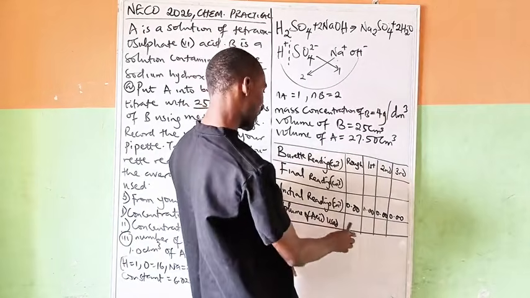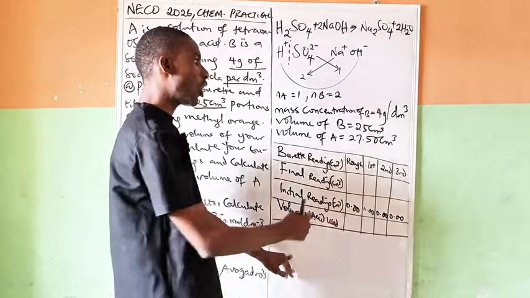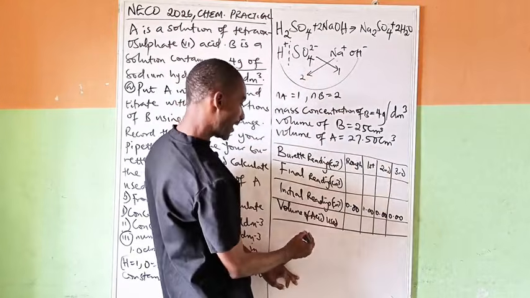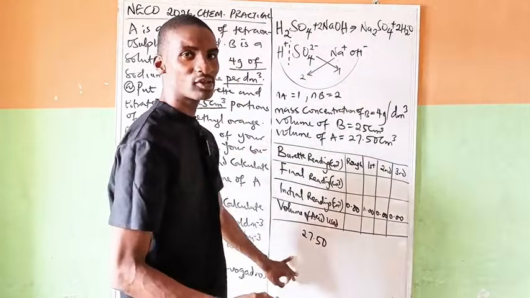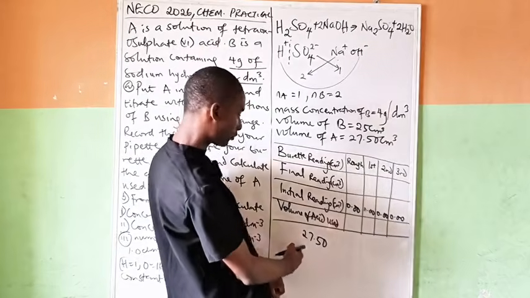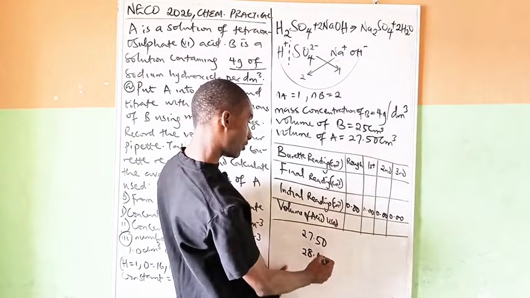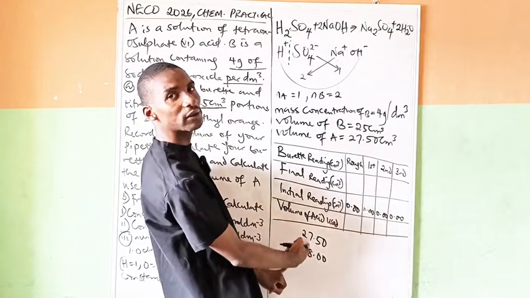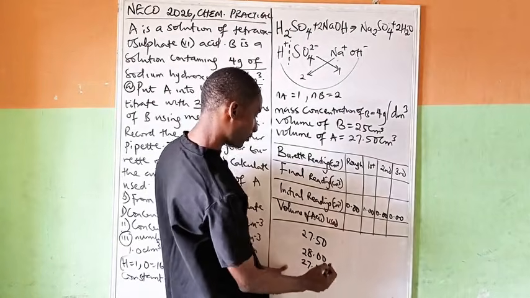And because my average titer value is 27.50, all I need to do is add 27.50 plus or minus 0.5. So if I add 0.5 to this, I'm going to have 28.00, and if I remove 0.5 from here, I'm going to have 27.00.